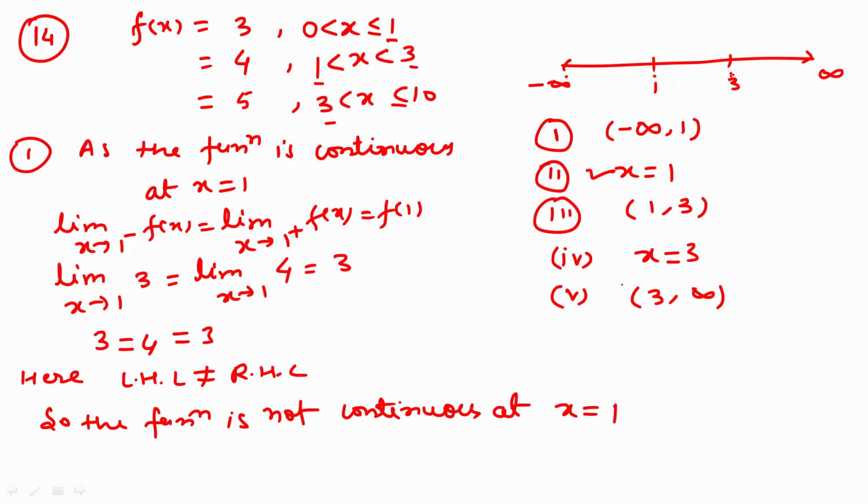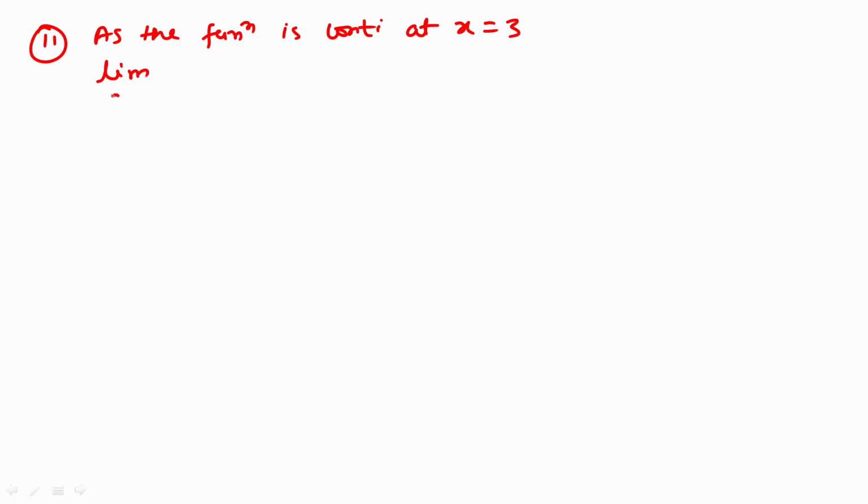Now check the second, for x is equal to 3. As the function is continuous at x is equal to 3, then limit x tends to 3 minus f(x) is equal to limit x tends to 3 plus f(x) is equal to f of 3.